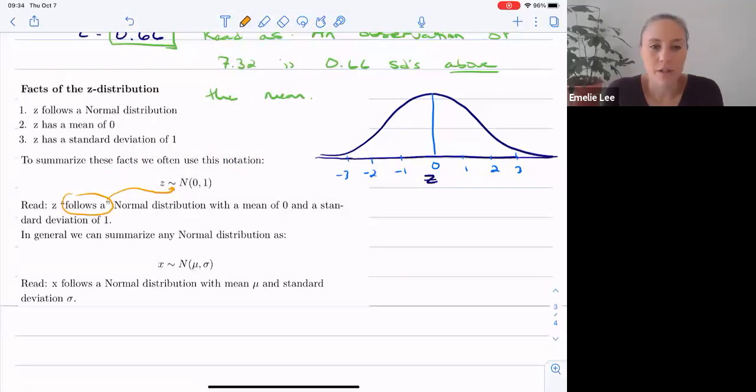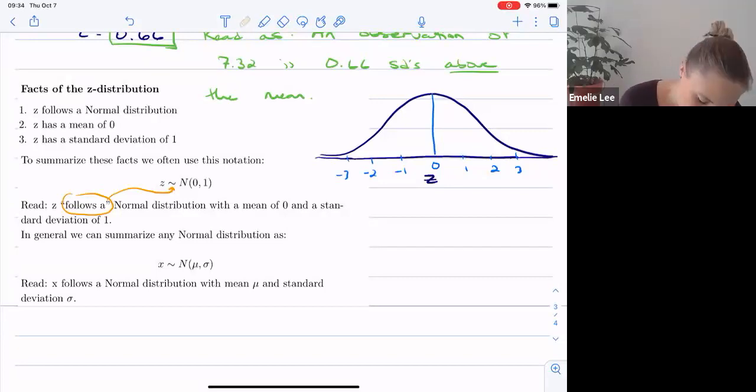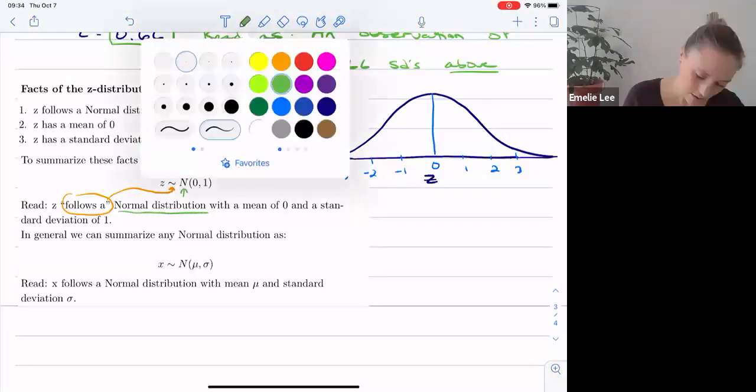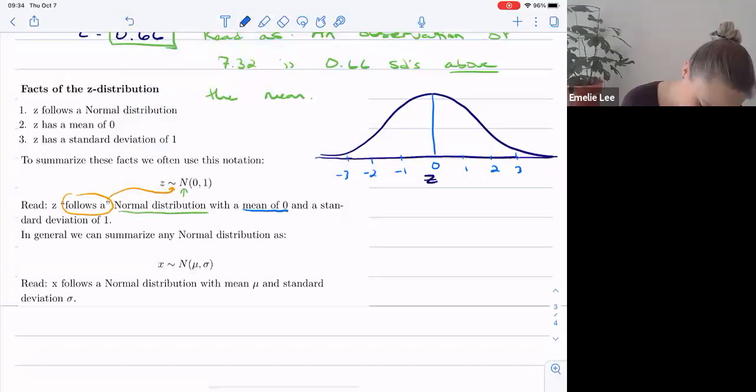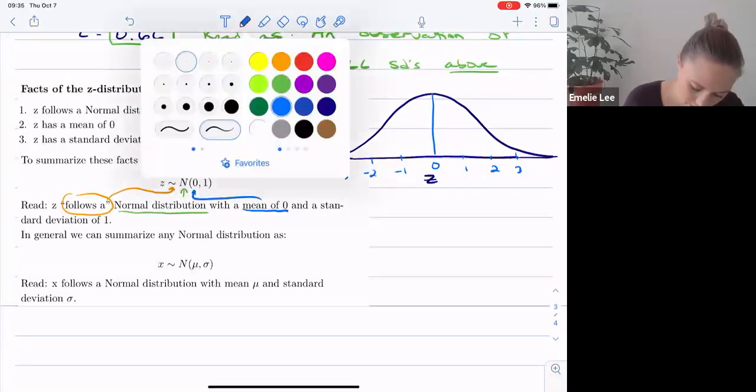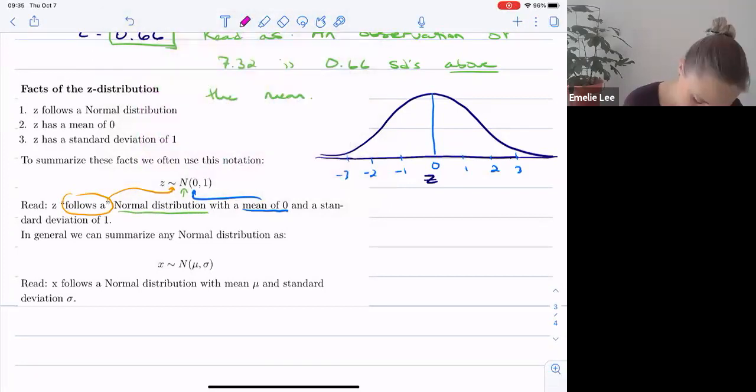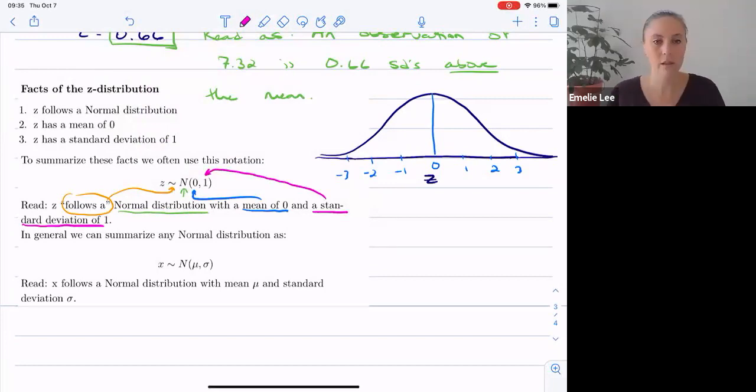Z follows a normal distribution, which is referring to this N here, with a mean of 0 and a standard deviation of 1.